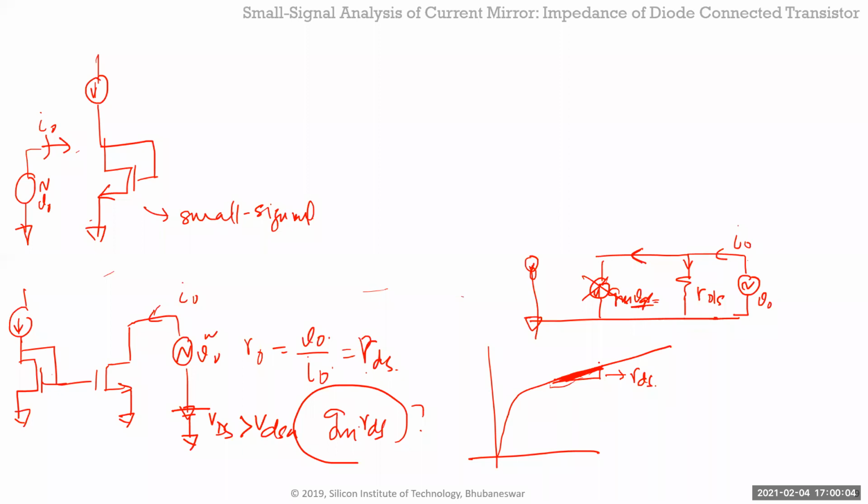So now this current here, if I apply a small V out, what is the current which is going to draw into this? This IDS, right? And this IDS is what? It is the RDS plus the main current is coming from what? See, when you're changing the drain here, you're also changing what? See, this is a diode connected transistor.